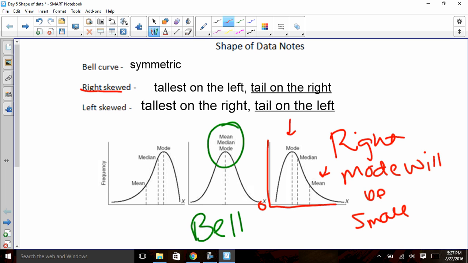Your average will be quite large, though. The reason being is you have a lot of little numbers being added together and then divided by 2. When you have a lot of little numbers being divided by 2, you're going to end up having a larger average.